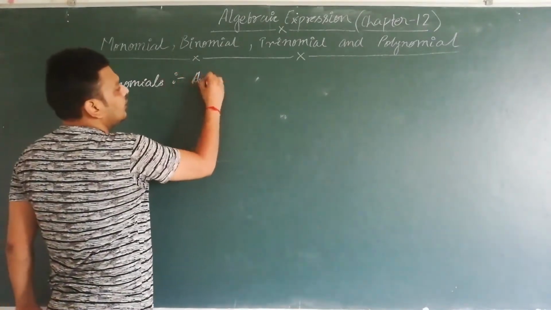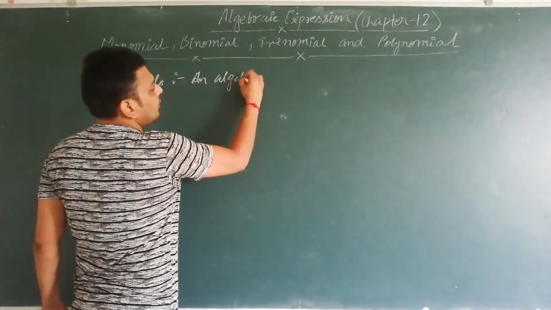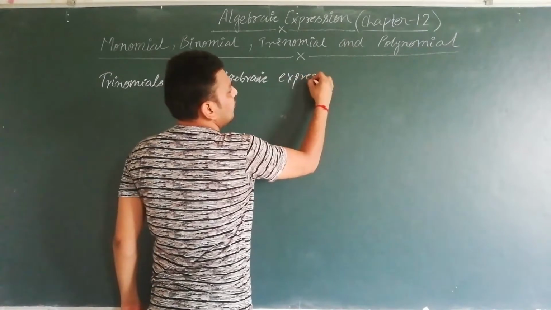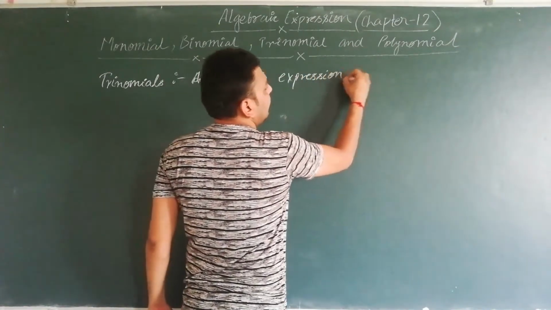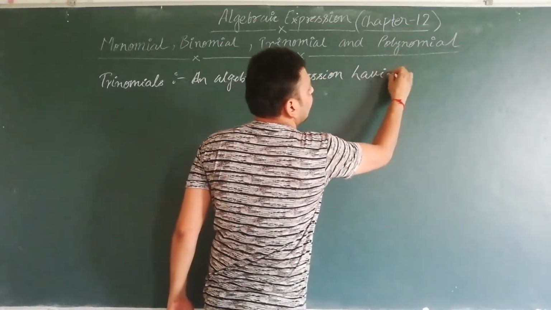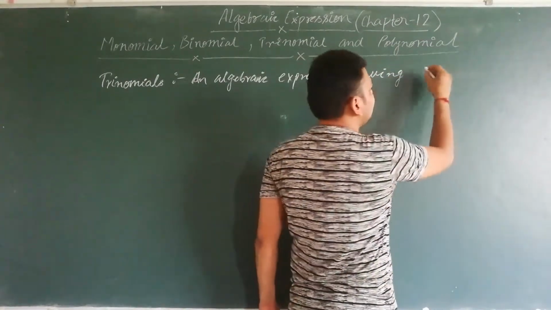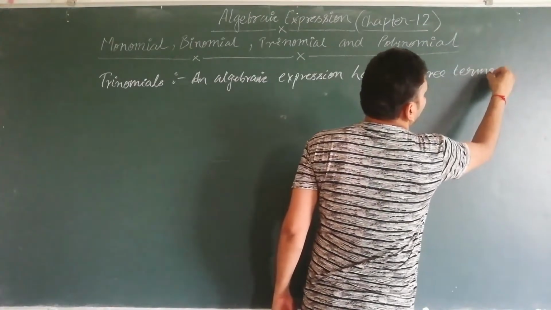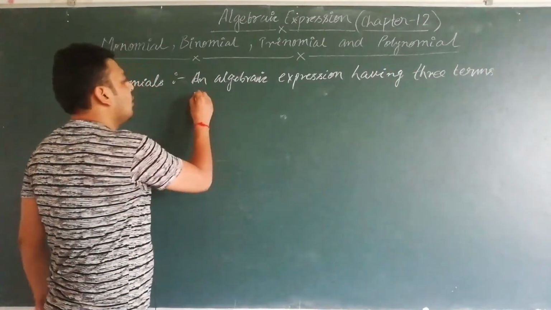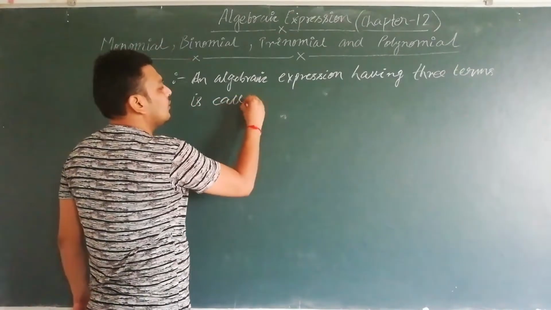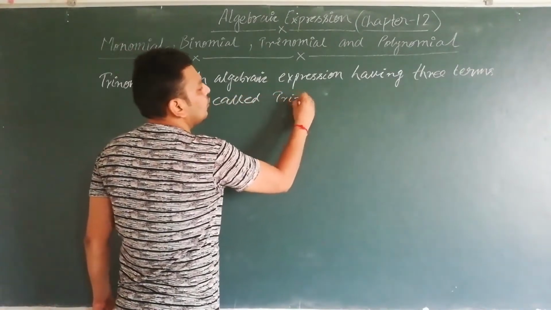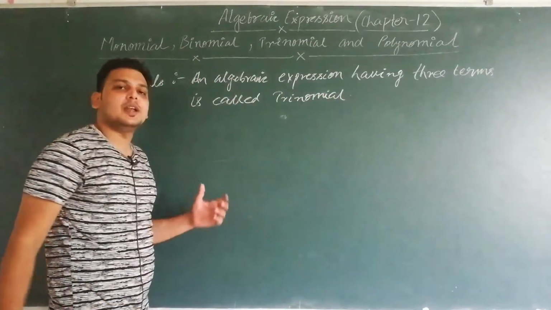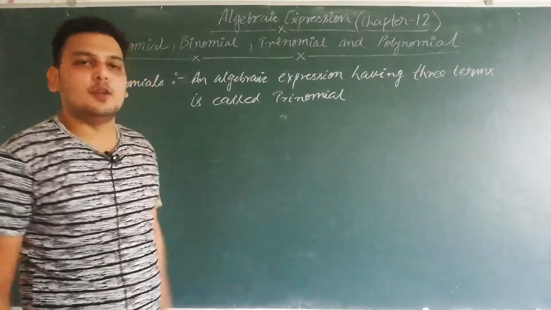So an algebraic expression having how many terms? 3 terms is called a trinomial. Okay, any algebraic expression having 3 terms is known as a trinomial.